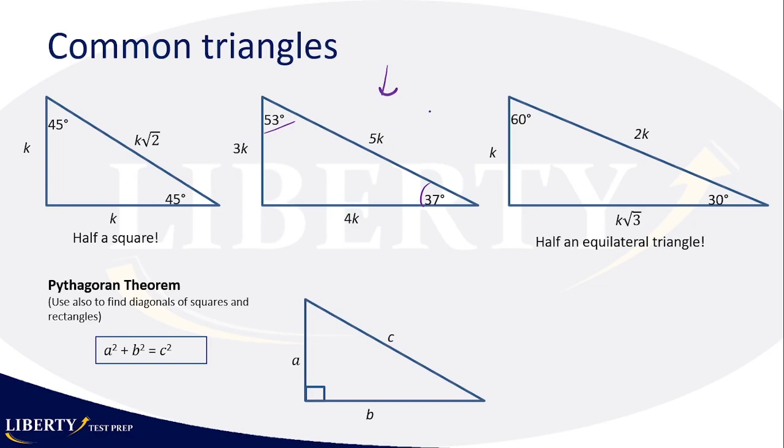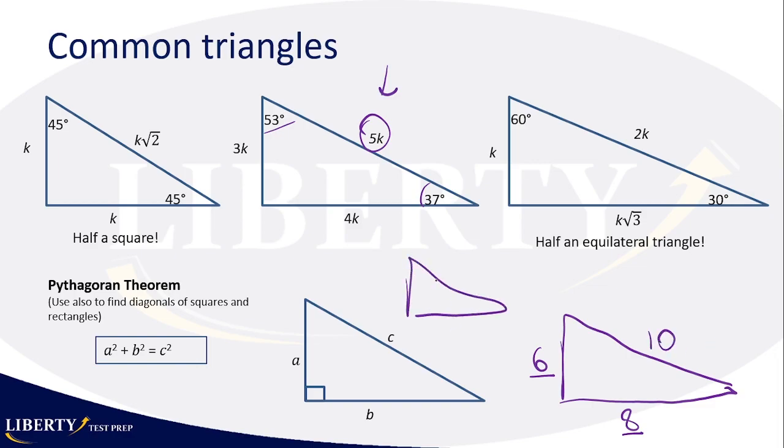So if we have, let's say, a triangle where here we have 6, here we have 8, we already know by theory that the hypotenuse must be in a relationship of 5. So this one's 3 times 2, this one's 4 times 2, this one should be 5 times 2, which is 10.